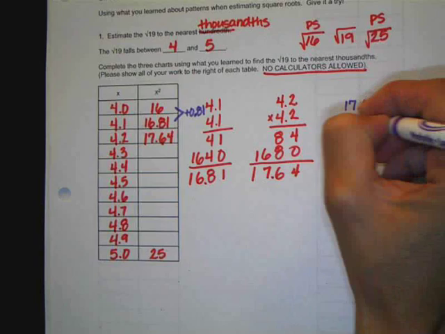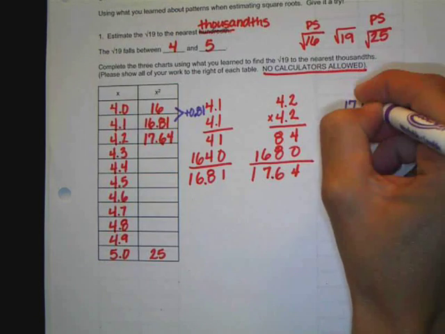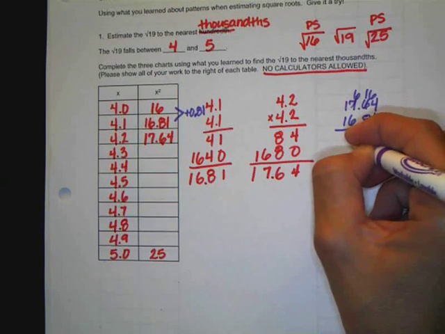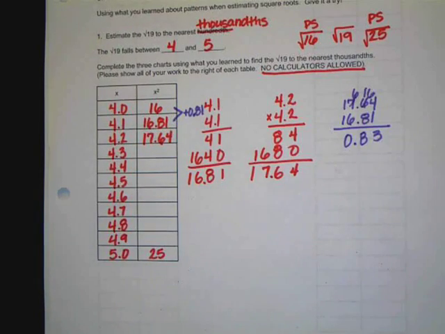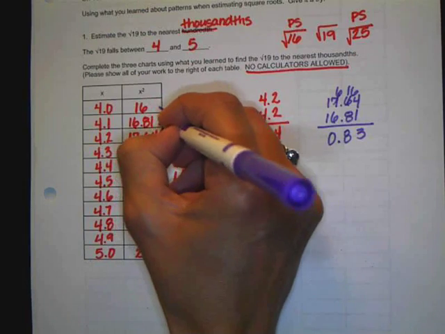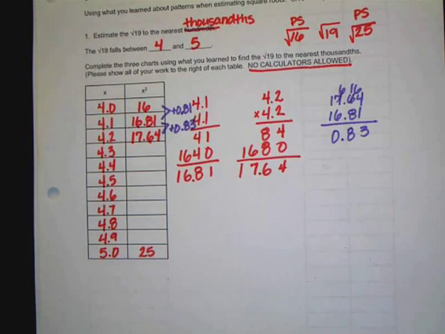If it is 0.83? Were we right? At this point, would you have to keep doing the multiplication? At this point, no. Could we fill out the rest of this?